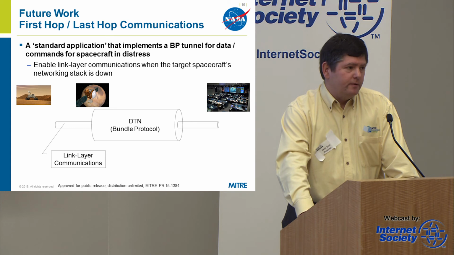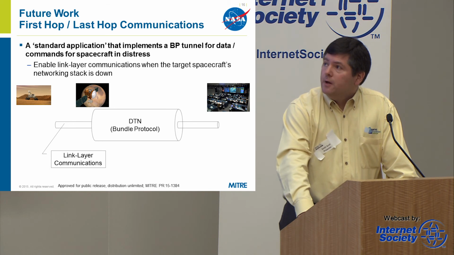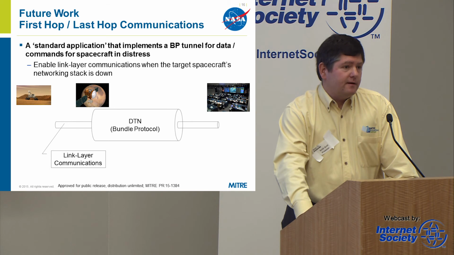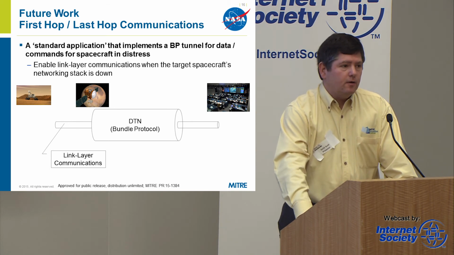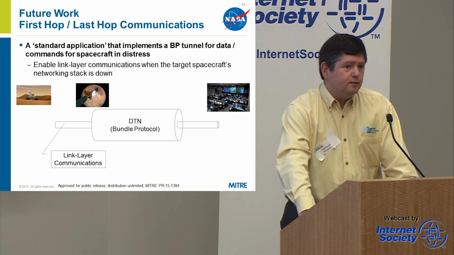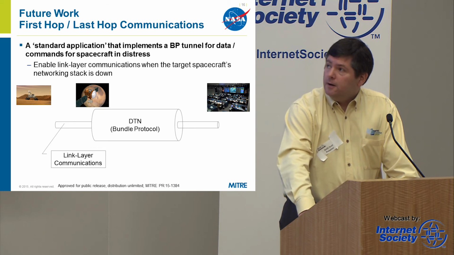Go into safe mode, reboot, look for Earth, point at me and look for another command. Operating in a networked environment, you don't necessarily have that. If you build a spacecraft that does not have a direct-to-Earth capability and it only communicates back through the network, and something like this goes wrong, say you lose the network stack, how do you tell it what to do?